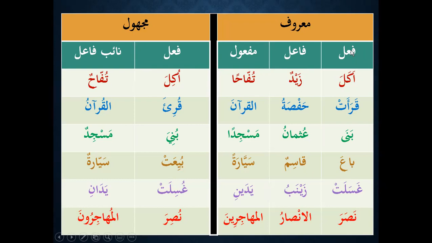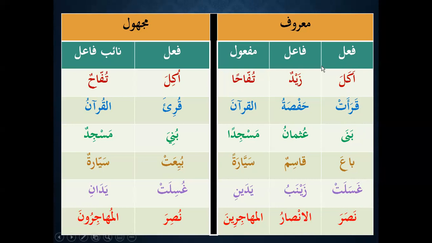So for madi, there are 6 categories: akala, qara'a, bana, ba'a, ghasala, nasara. They're all easy. Fa'ala is the commonest one. Remember, with fa'ala, the mudari' could be yaf'ulu, yaf'ilu, or yaf'alu, all 3 possibilities. So that is why that's the commonest one used.